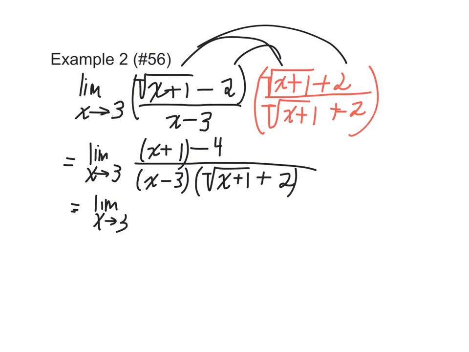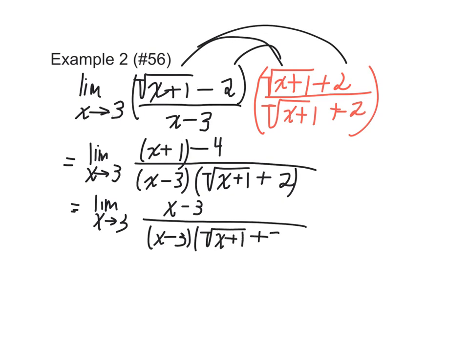In the numerator, we don't get cancellation, but there is some simplification. The 1 minus 4 turns into a negative 3. You might see already what's going on. Now, the x minus 3's actually cancel.